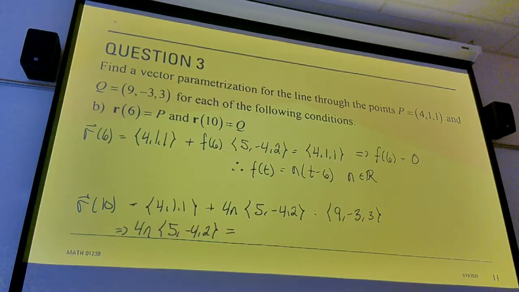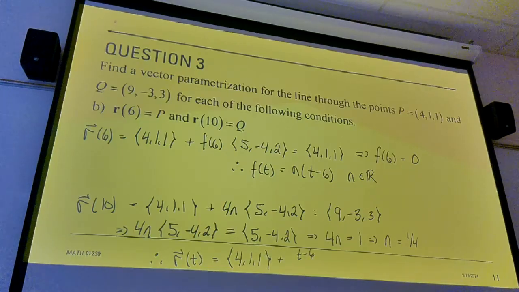You subtract 4, 1, 1, what do you get? What does 4n have to be? One. There would be a parameterization.